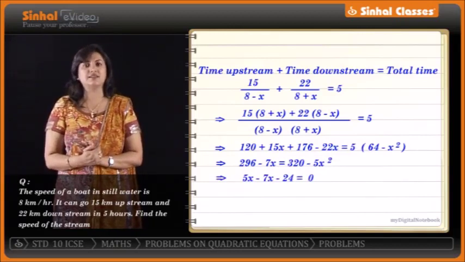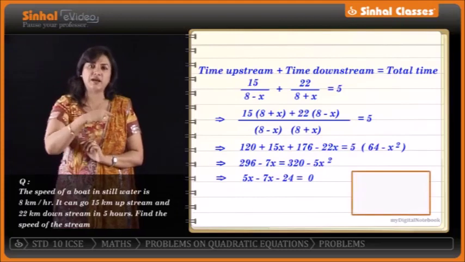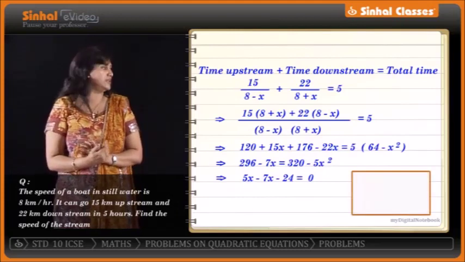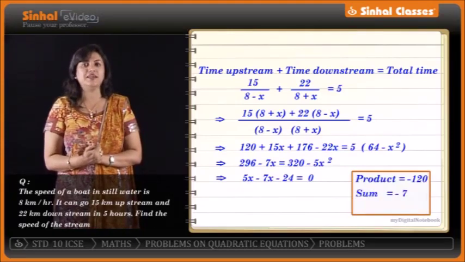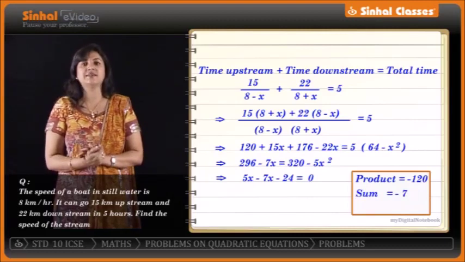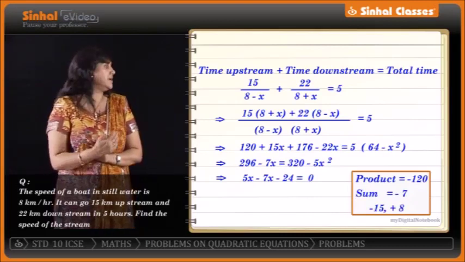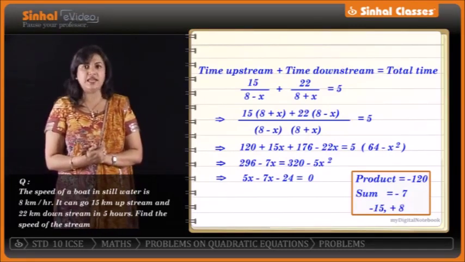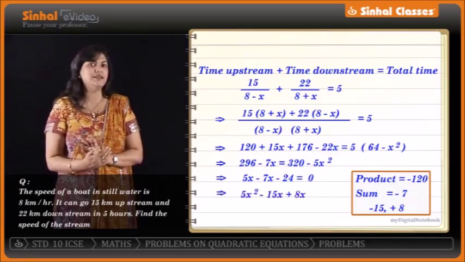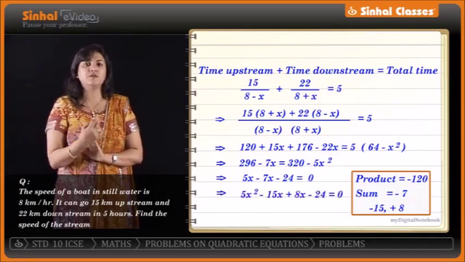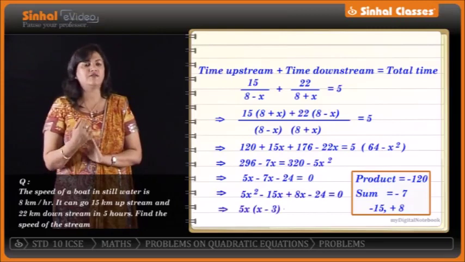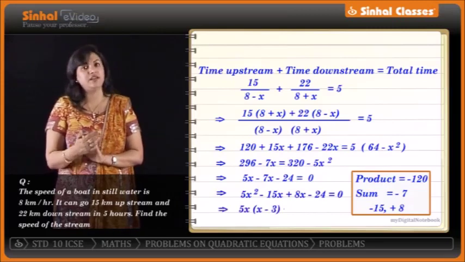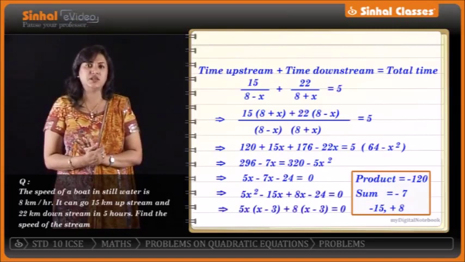To factorize this, we want two numbers whose product is minus 120 and sum is minus 7. So what can the numbers be? We can take the numbers as minus 15 and plus 8. So the equation becomes 5x square minus 15x plus 8x minus 24 is equal to 0. From the first two terms, 5x common, we have x minus 3, and from the last two terms, 8 common, we have x minus 3 equal to 0.